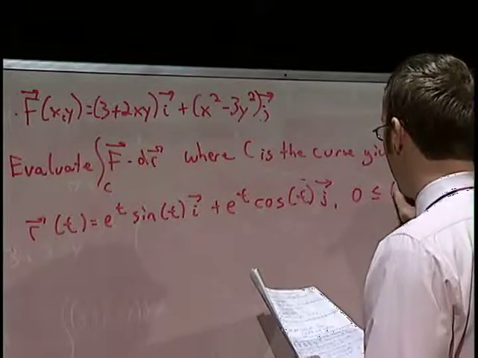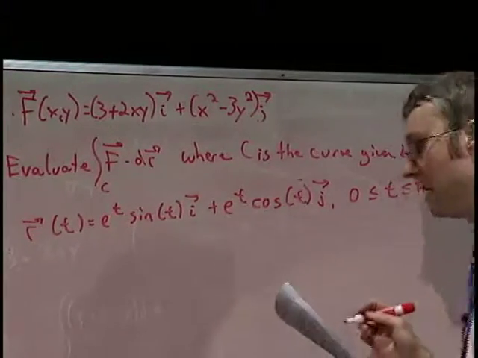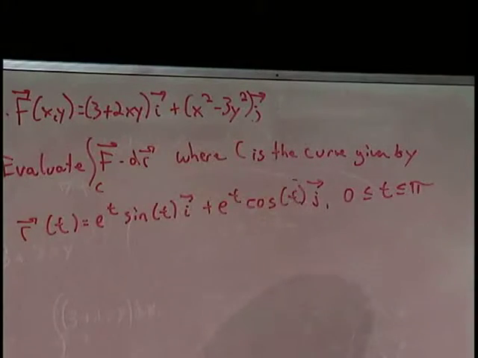And let's put t between 0 and pi, and we'll use the same old F that we've been using.